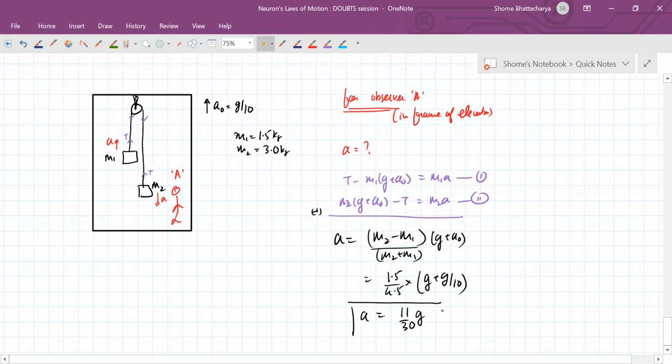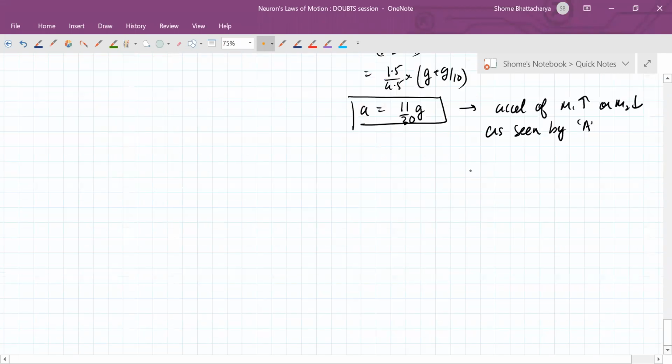So ये जो acceleration है, ये कौन सा acceleration है? This is the acceleration of m1 upwards or m2 downwards. Okay, but as seen by the observer A. So it is relative to the elevator's frame.